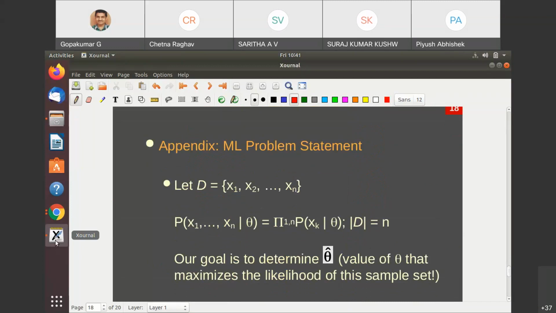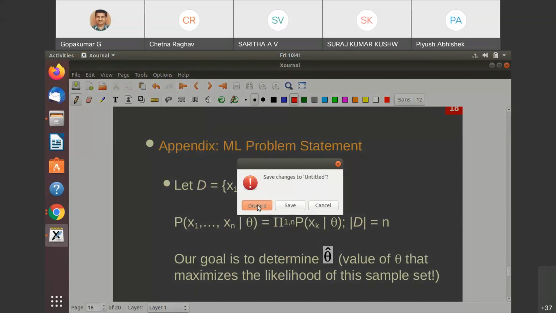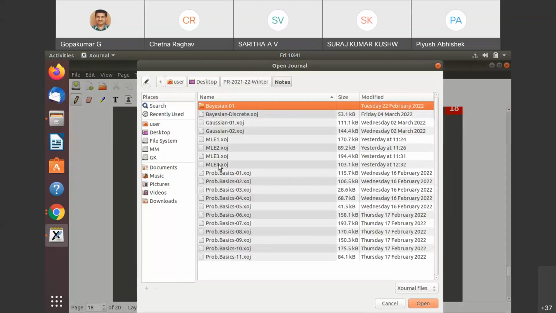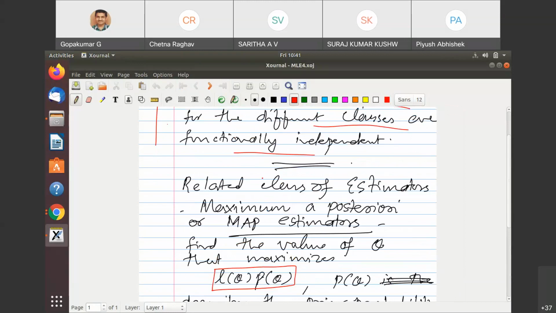One more related estimator is also there. Related to the maximum likelihood estimation, we have another estimator called the maximum a posteriori estimator, or generally called an MAP estimator.